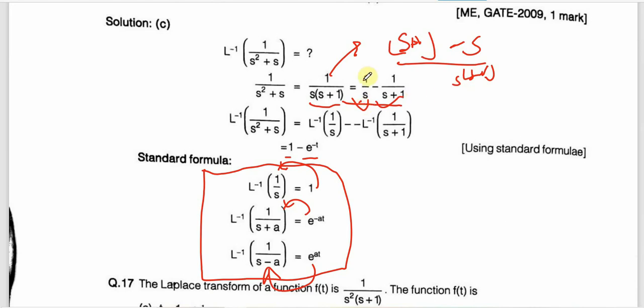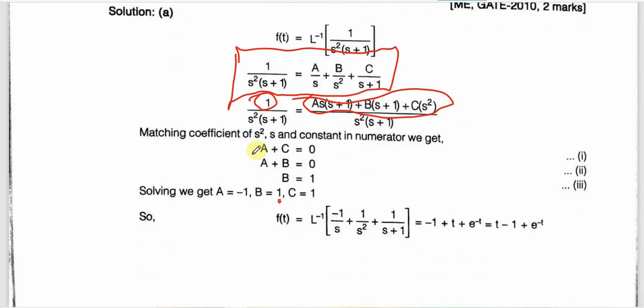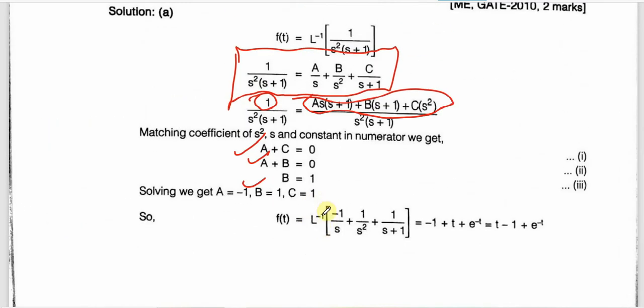Otherwise also we can write a upon s plus b upon s square like that, and we can find the values of a and b. We will compare the coefficient of s on this side and the coefficient of s on this side, then we will get it, and we can find it very easily. This you know. And then after separating each term, we can get the Laplace inverse very easily.